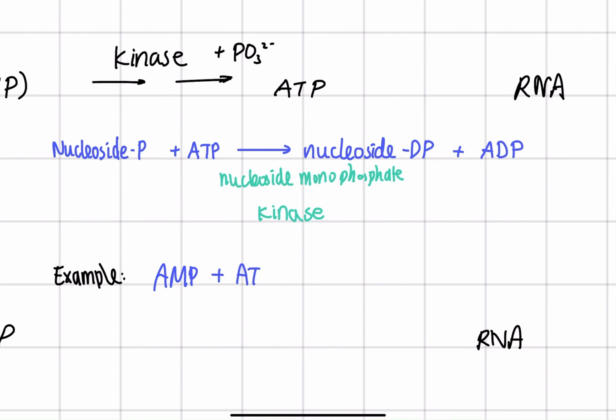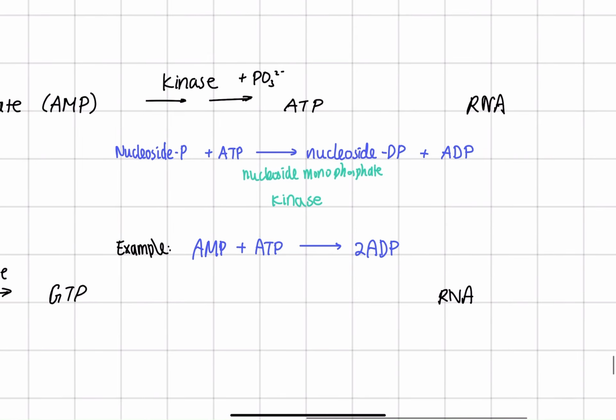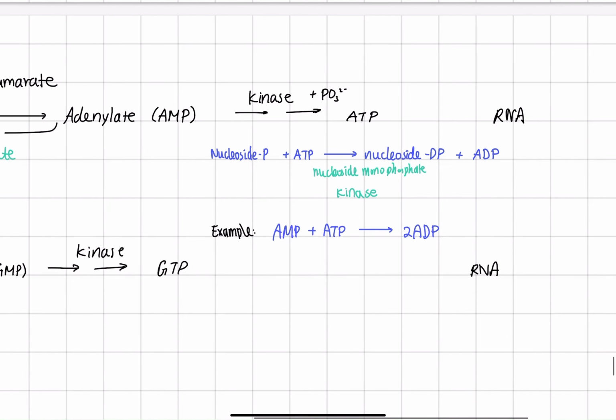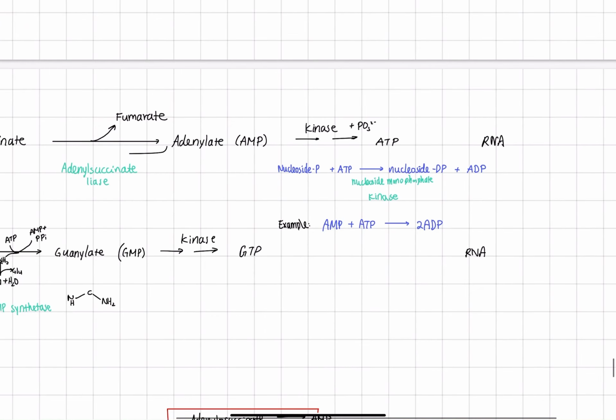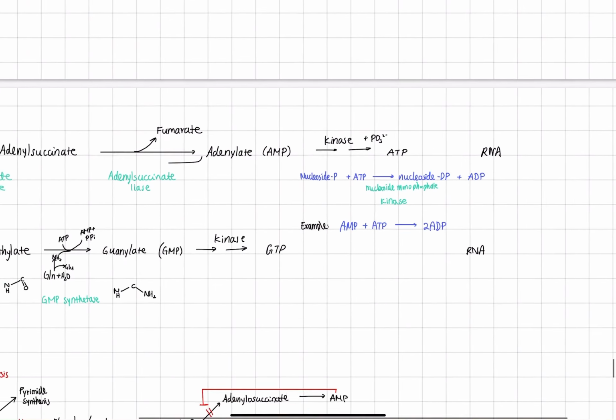And then you add ATP, and you form 2 ADP. Honestly, this process really costs a lot of energy. Like literally making new adenylate phosphate from scratch, de novo synthesis, it takes around 10 ATPs of energy. So this is not cost efficient.